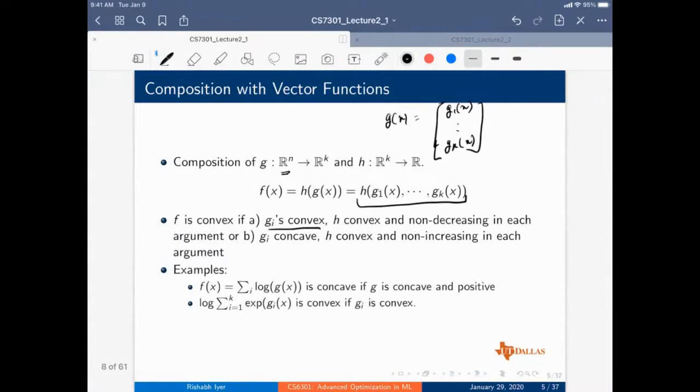If you have a sum of log of gi(x), this is concave if g is concave and positive, and you have the log-sum-exp, right? So you have the log of the sum of exponents of convex functions, and this function is convex if the gi's are convex, right? Both of these can be proved using this nice property of convex functions.